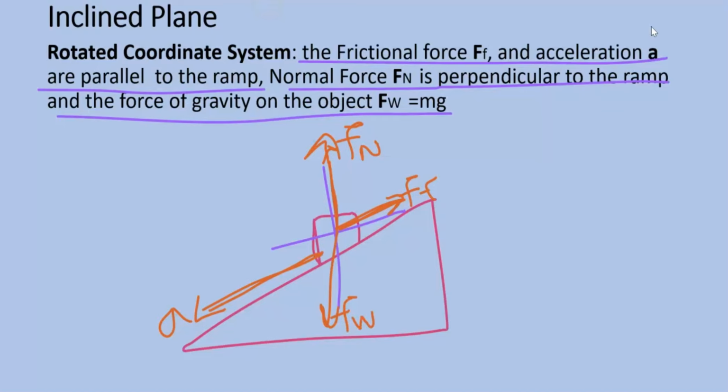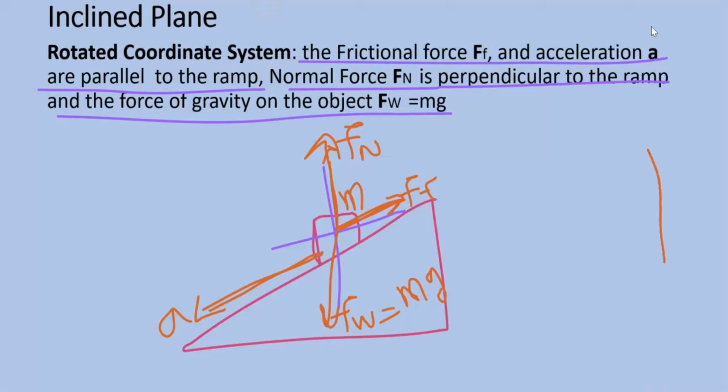So if an object of mass m is on the ramp, then the force of gravity on the object, Fw, is equal to mass times gravity, mg. So this mass times gravity has two components.